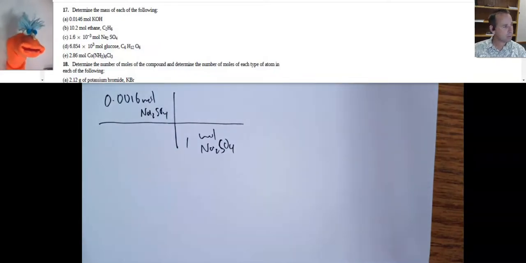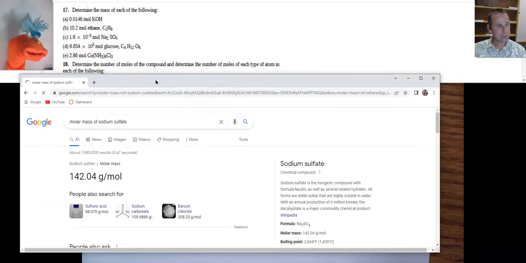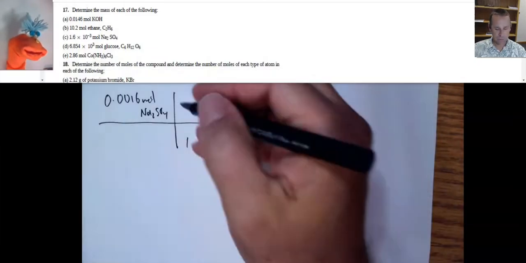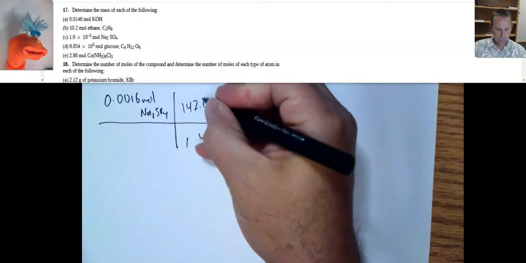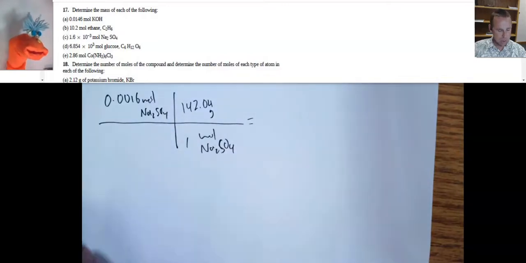What's the molar mass? Molar mass of sodium sulfate. The molar mass of sodium sulfate is 142.04 grams per mole. Grams per mole. Times the 0.0016. We got 142.04 times 0.0016.